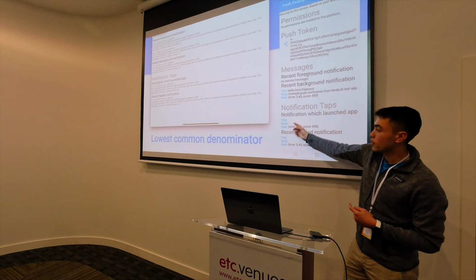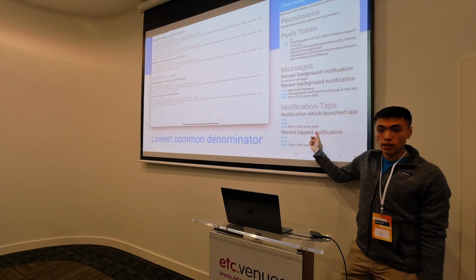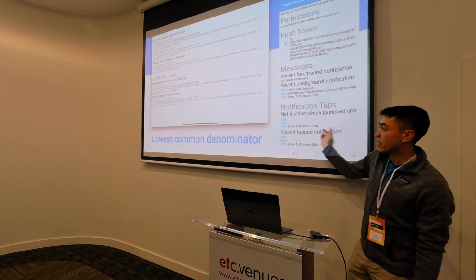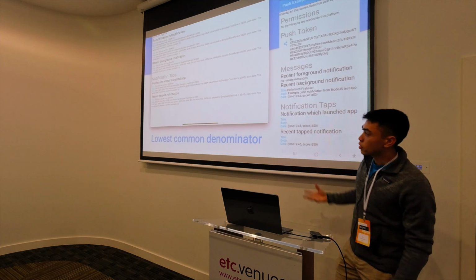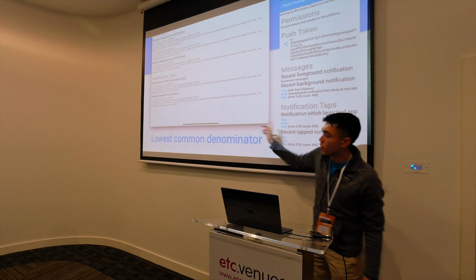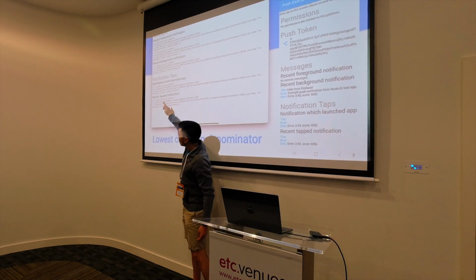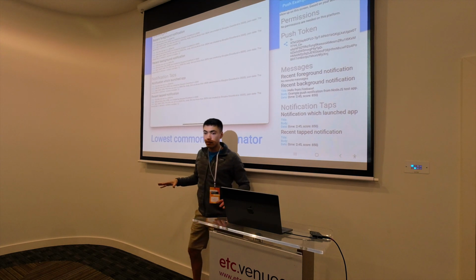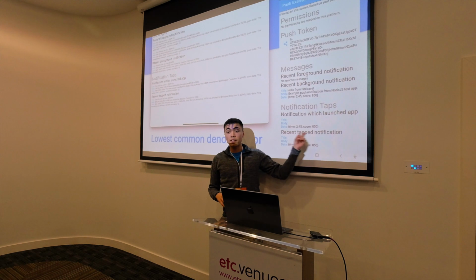But of course, what you can do is duplicate the title in the data, so that when the message comes in, you still have access to it here. My solution at the time was to remove title and body from both Android and iOS, even though on iOS you get the title and the body. I thought, just remove it and make it consistent, so the developer will know to put the title and body in the data.